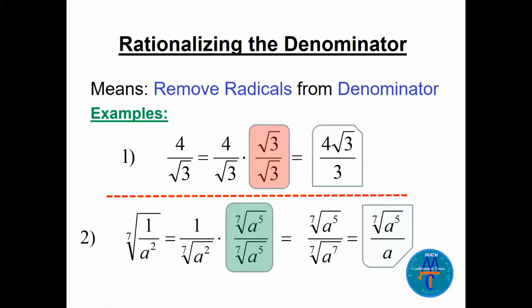We remove the radical. This is rationalizing. So the question will say rationalize. If you don't understand the word rationalize, you don't know what to do. Like when we say simplify, make it simple. When we say solve, it means find the value of the variable. When we say graph, you sketch it.